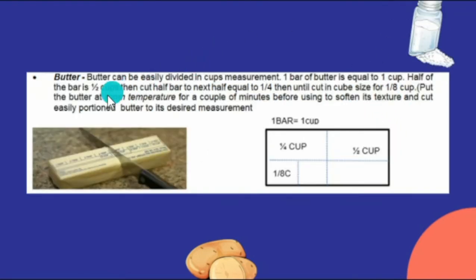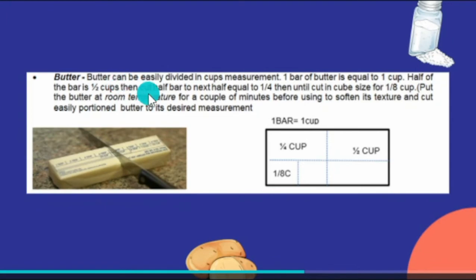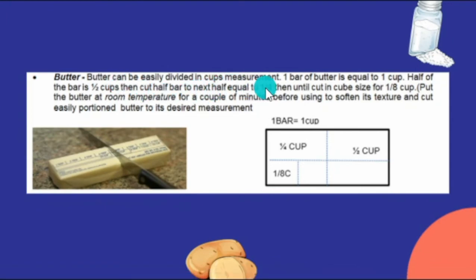Now what about the butter? This is an example of a butter. Now butter can easily be divided in cup measurements. So 1 bar of butter is equivalent to 1 cup. Remember, 1 bar like this is equivalent to 1 cup. So basically 1/4 cup is equivalent to 1/4 of this.